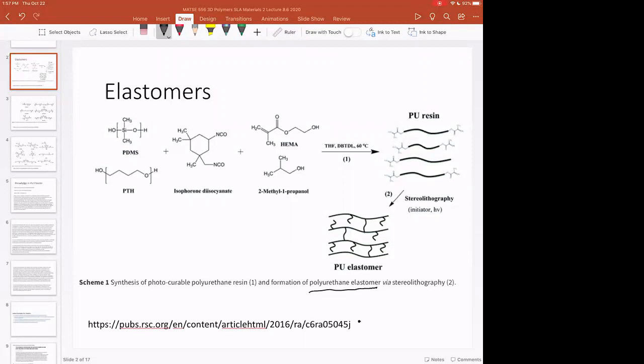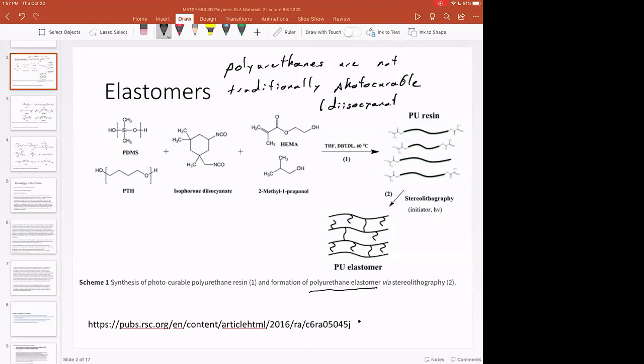And so polyurethanes are not traditionally photocurable, because you take a diisocyanate plus diol plus chain extenders and other things like that.